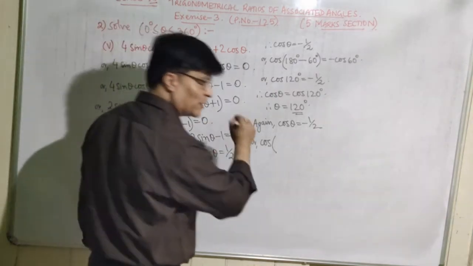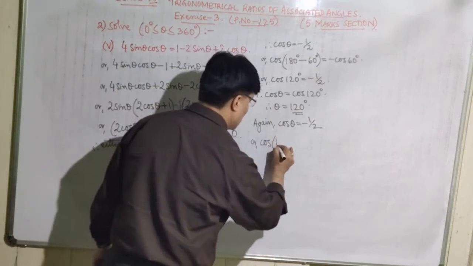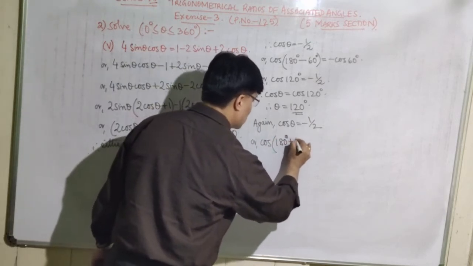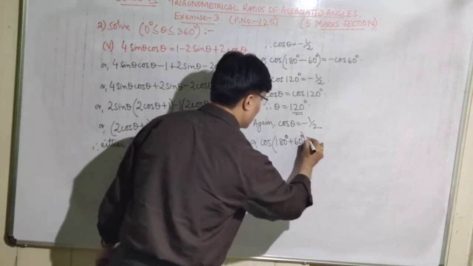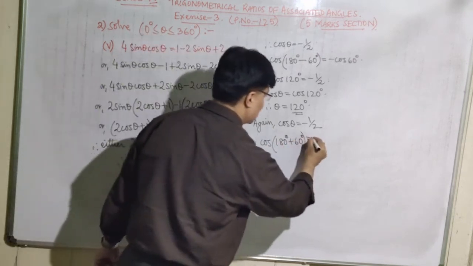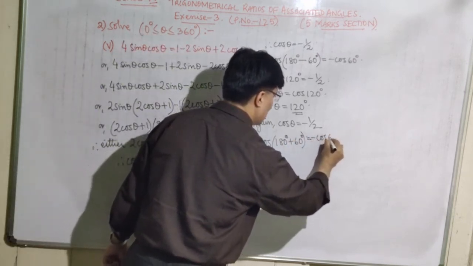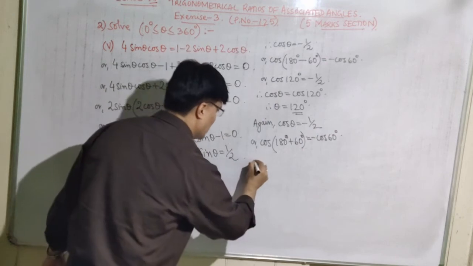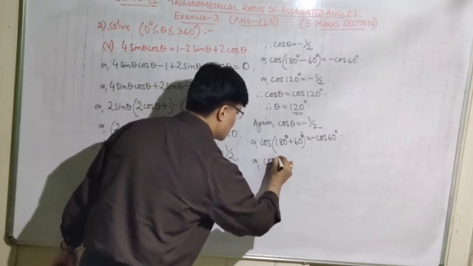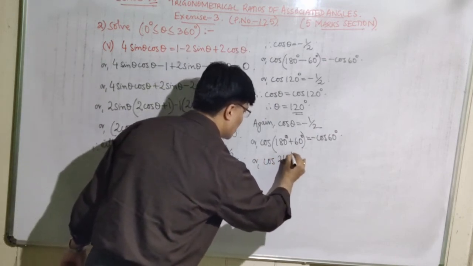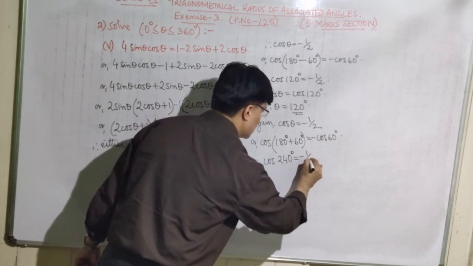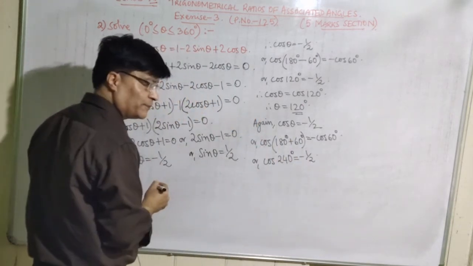So always write it from the even multiple of 90. So it is 180 plus 60, which is equal to, on the right hand side, minus cos 60 degree. Or now this is cos 240 degree is equal to minus cos 60, which is minus half.